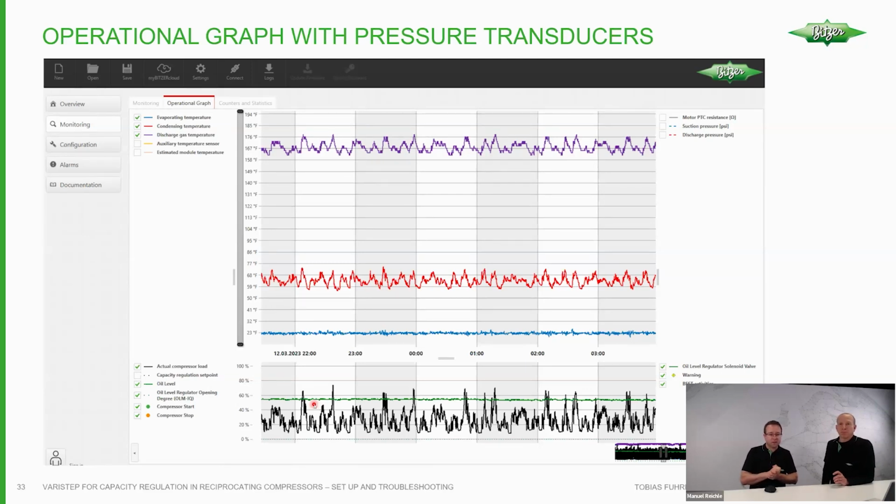Then we can see the suction pressure, which is always around 23 Fahrenheit, which we expect from the set point of the controller. But we can see there are different load situations because the load of the compressor is going up and down. The evaporators call for more or less capacity, but the system can control this quite well.